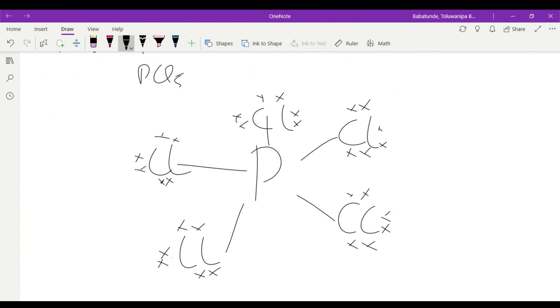When you do that, you're going to see that phosphorus P here already has 10 electrons. So these are expanded octets. These are the exceptions to the octet rule that we have discussed. I hope we can use this to solve problems on how to draw Lewis structures for molecules.